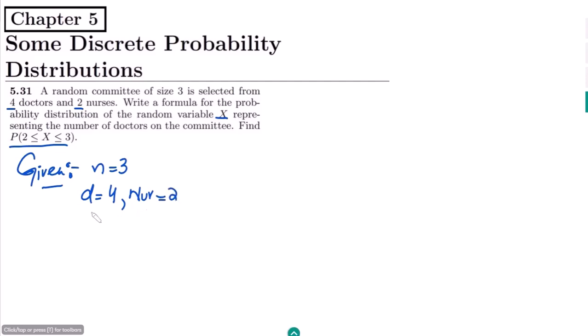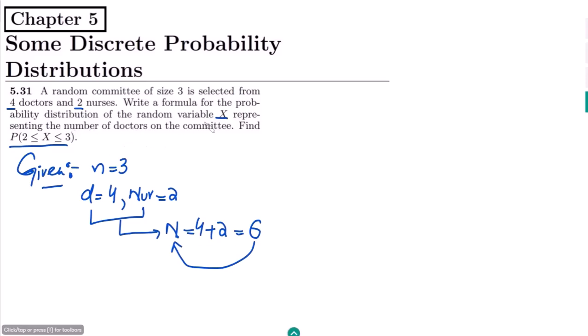These constitute the total number of items, which is 4 plus 2 equal to 6, and this is n. So we have all of these items, and d is equal to 4.